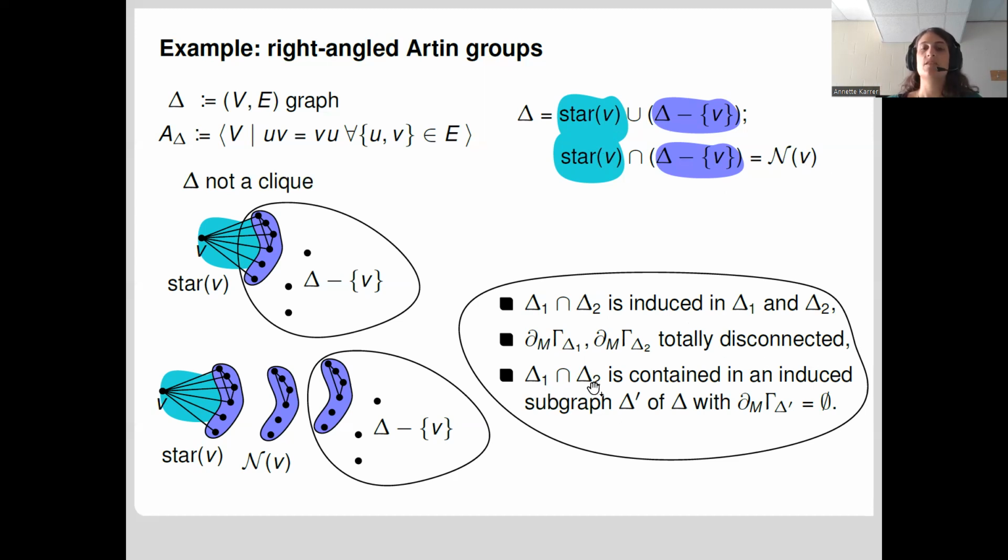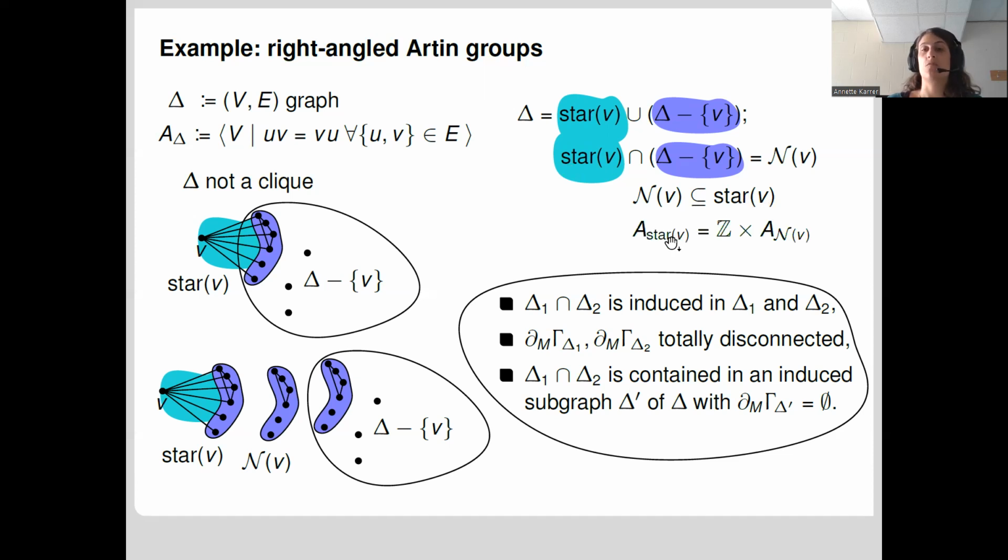And finally, we want that the intersection graph is contained in an induced subgraph corresponding to a group with empty Morse boundary. And this is satisfied here. Indeed, the intersection graph is the neighborhood of v, and it is contained in the star of v.